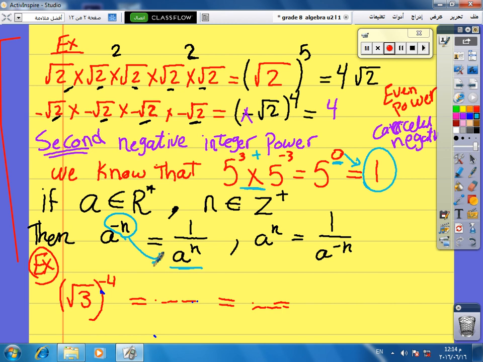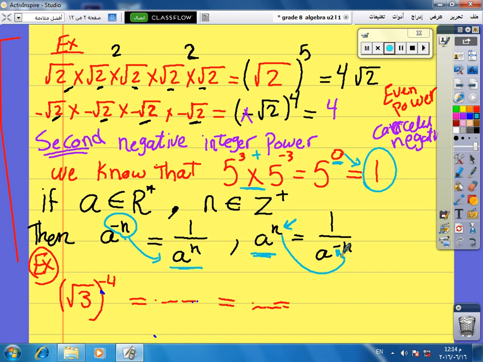So when I write the negative power in the denominator, I will change the sign. Another, A power n, n here is positive power. When I write it in the denominator, you will change the sign of the power to become negative.